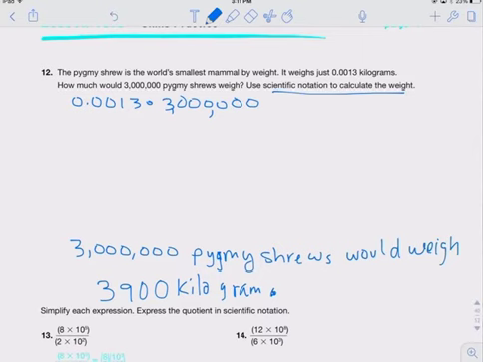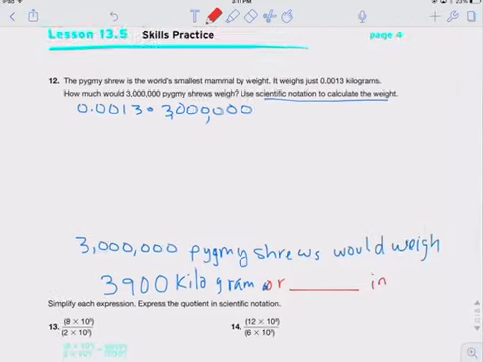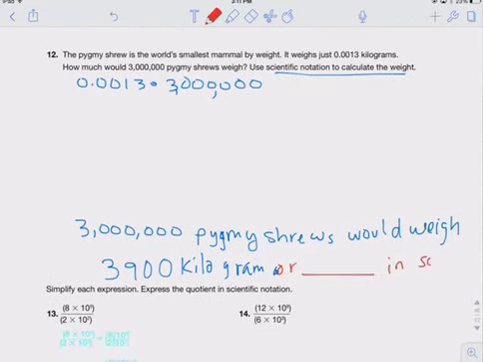Okay, let's do it in scientific notation and make sure. Or blank in scientific notation. Okay? Let's find it in scientific notation. This one in scientific notation, you put a decimal here, correct? So it's 1.3 times 10 to the negative 3.